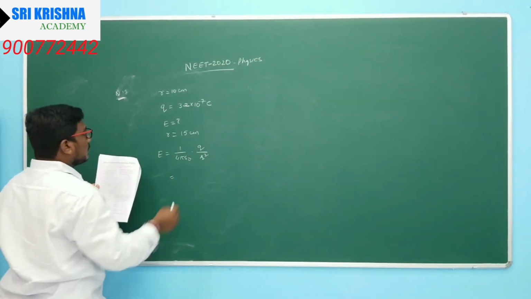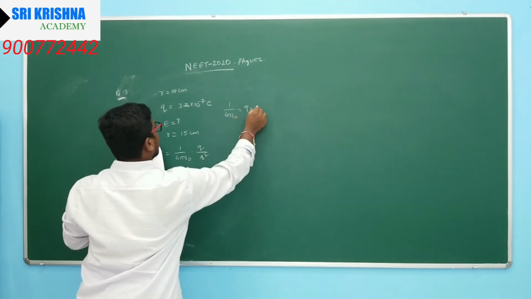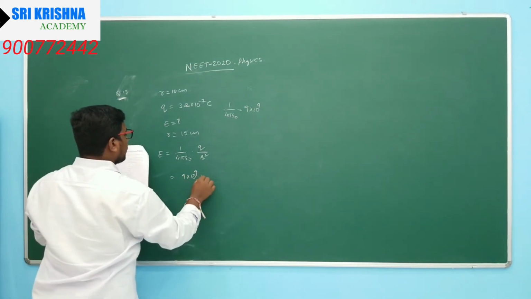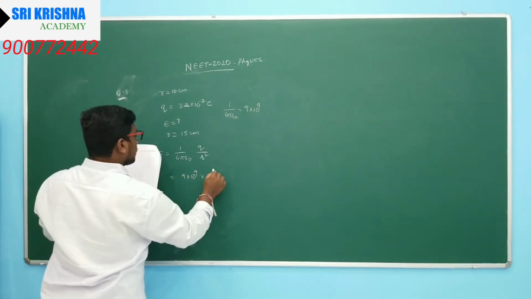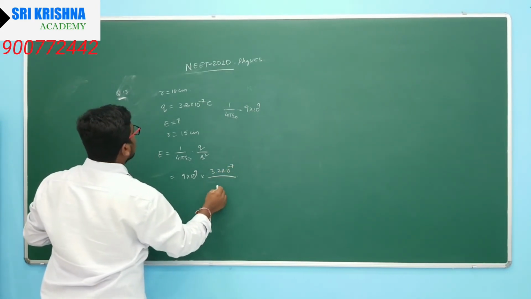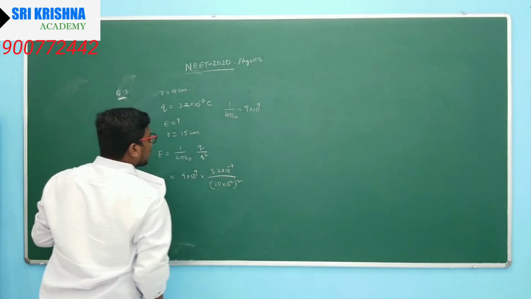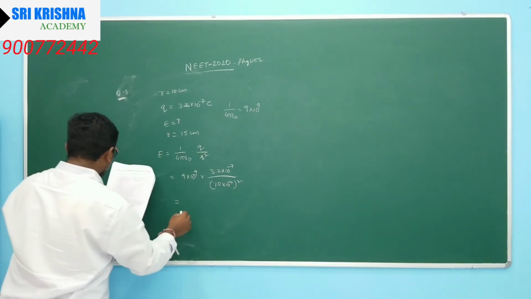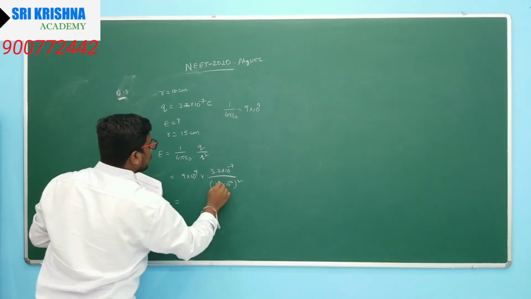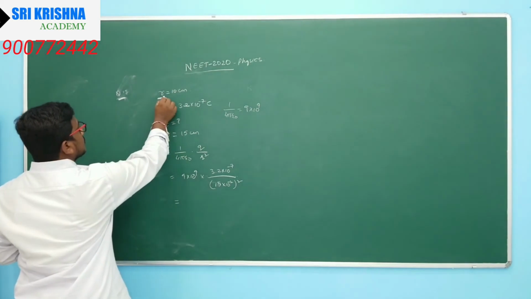Here they have given the value of 1 by 4 pi epsilon naught as 9 into 10 to the power of 9. So direct substitution: 9 into 10 to the power of 9 into Q, which is 3.2 into 10 to the power of minus 7, divided by r square, where r is 15 into 10 power minus 2 converted into meters. This is the spherical radius, capital R, and this is the distance, small r.